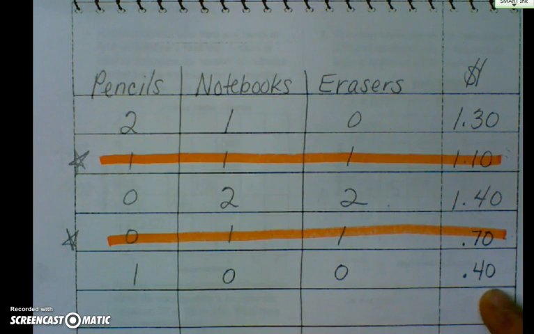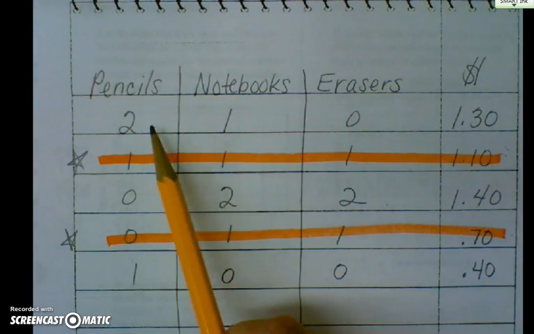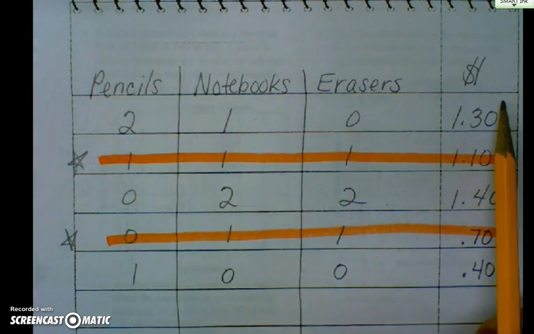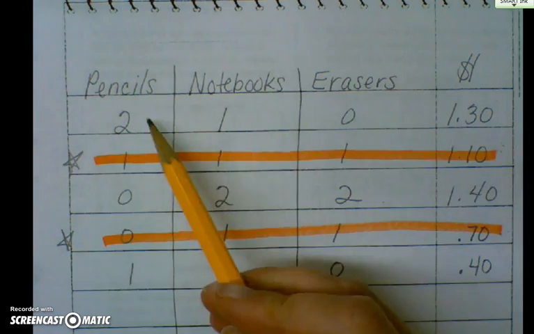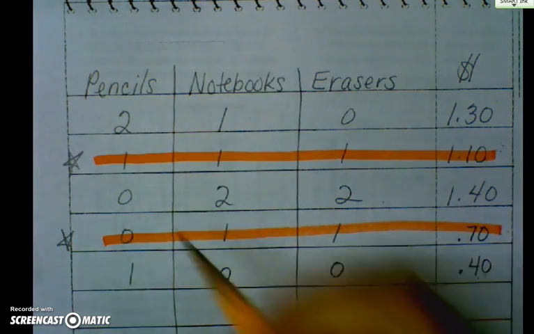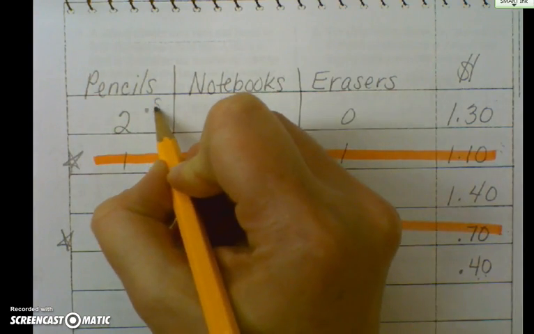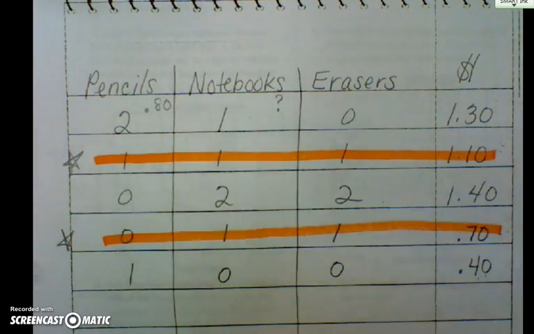Now that I know that information, I can substitute it back into one of the equations that I already know. If I know that 2 pencils and 1 notebook cost $1.30, I can know that my 2 pencils are going to cost 80 cents because 1 pencil costs 40 cents. So up here, I know that 80 cents plus 1 notebook equals $1.30.